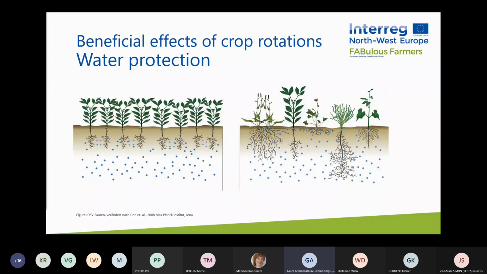So as shown here in the picture on the left side, if you have monocropping, roots always grow on one same soil layer, and nutrients, here shown by these blue spots, in deeper soil layers can't be used. And on the right side, shown are different root types of different crops, which can use a diverse soil volume and can take nutrients from different soil layers. So in the whole, you have a better use of nutrients.